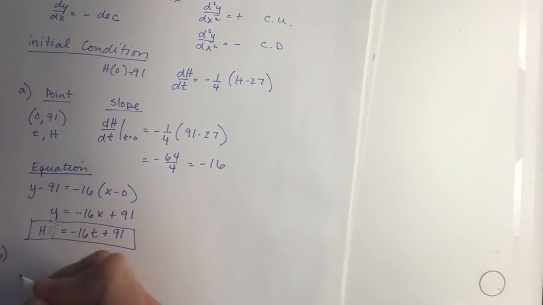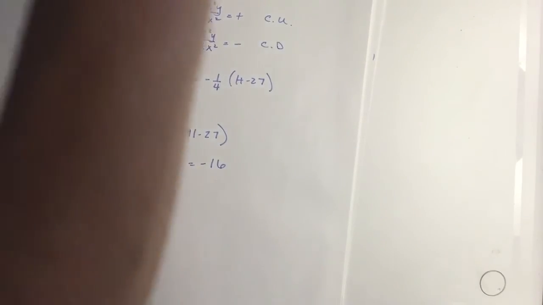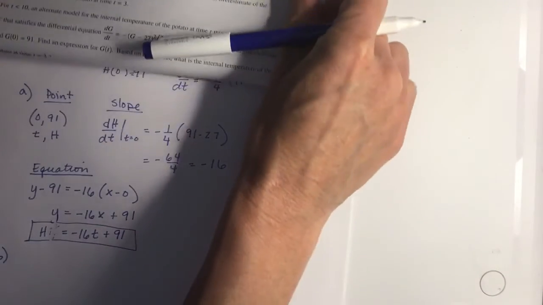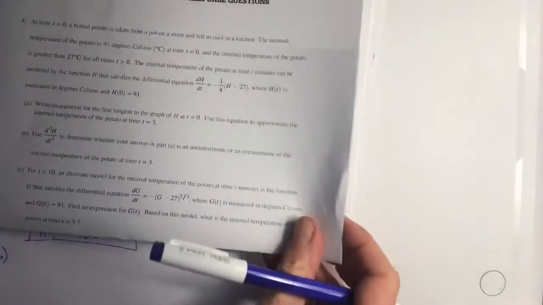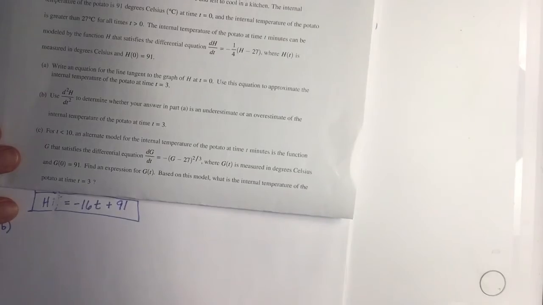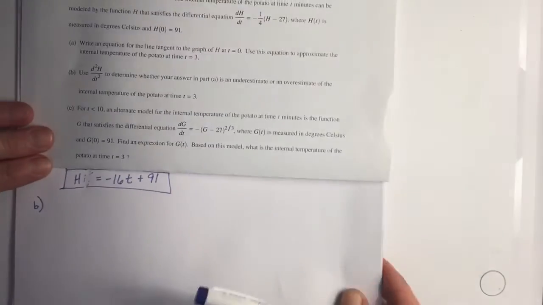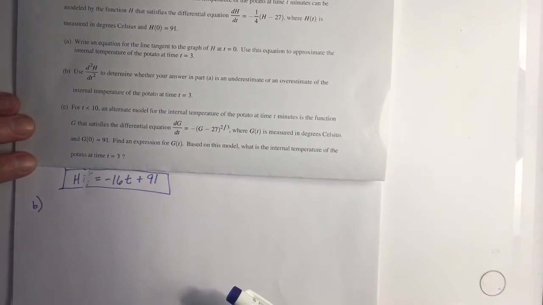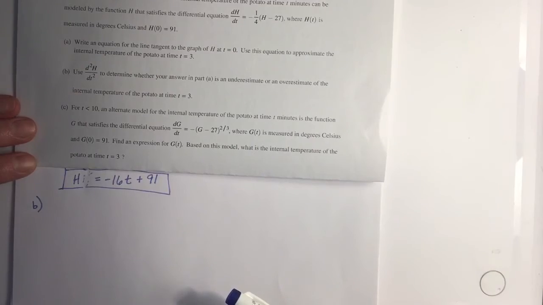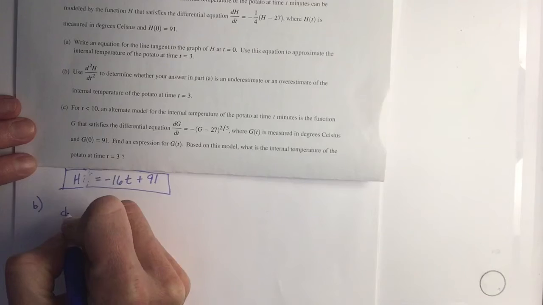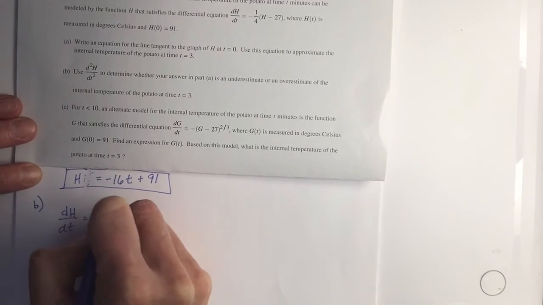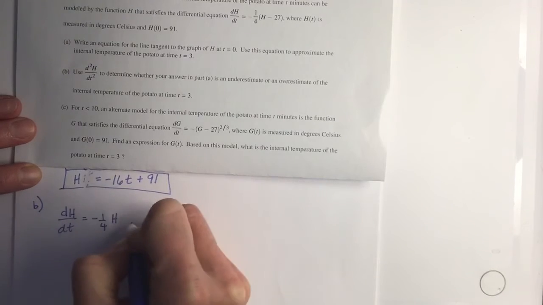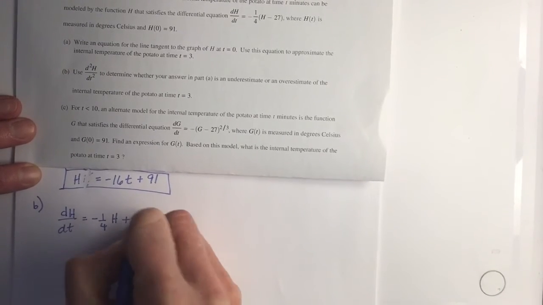Now we are going to use the second derivative to determine whether your answer in part A is an underestimate or an overestimate. So now we have to take the second derivative. I'm going to distribute that, so negative 1/4 h plus 27 over 4.